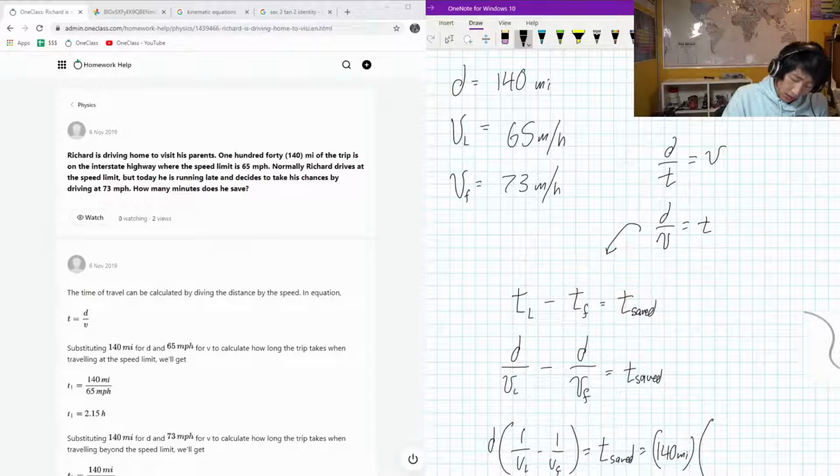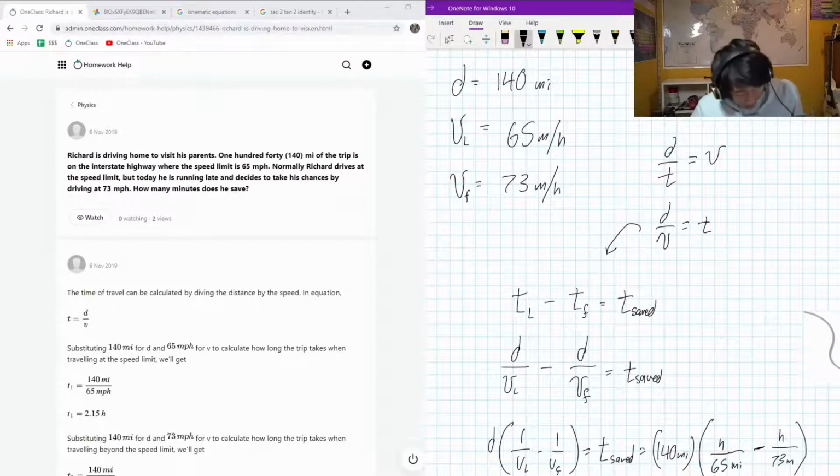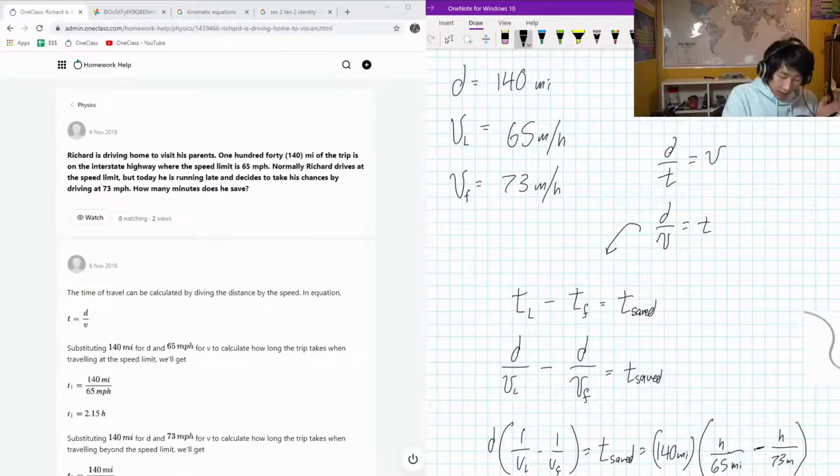And here we're going to have hours per mile. Our slow is going to be 65. And our fast is going to be hours per 73 miles. Okay, so let's send this to the calculator and figure out what that is going to be, and our results will be in hours because, as you can see, our miles out here are going to cancel each other out.